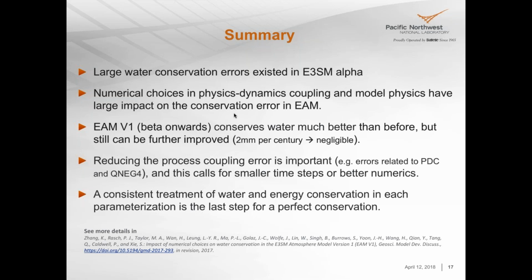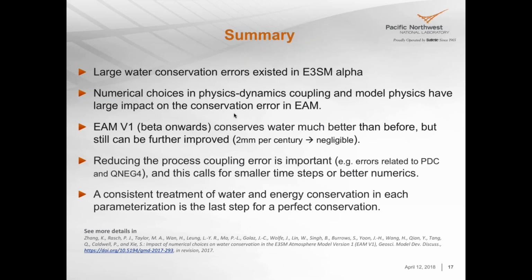This is Dorothy. Go ahead, Zhang. I just want to ask whether the recently found bug in the land model energy conservation has anything to do with this problem? I think I cannot answer that question.